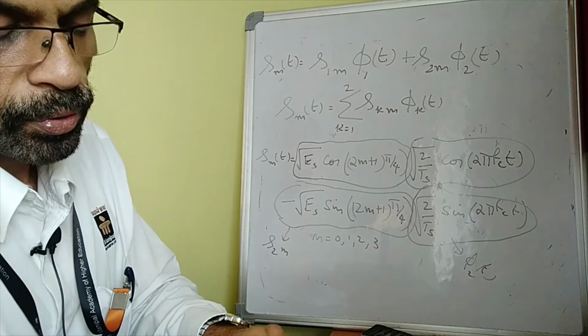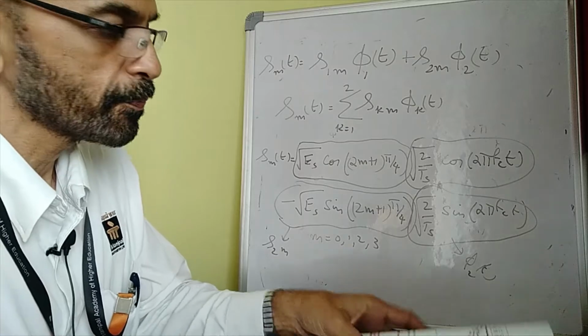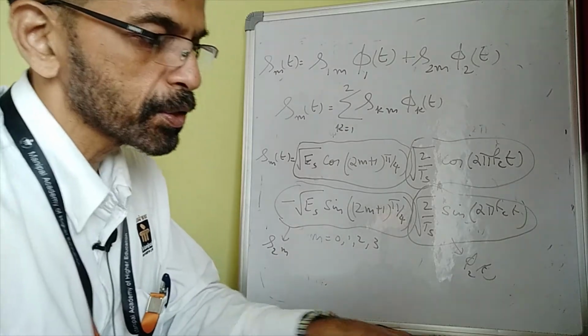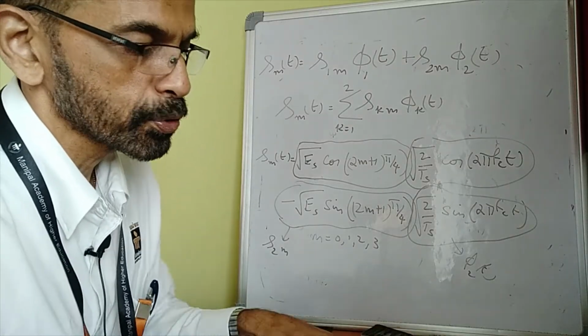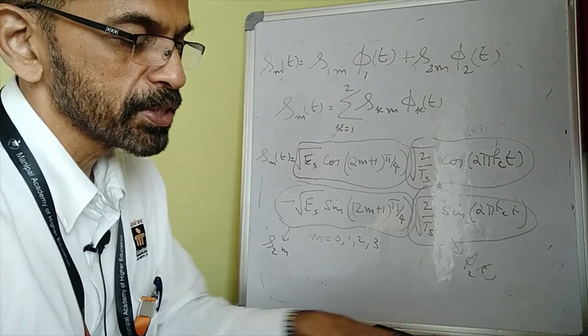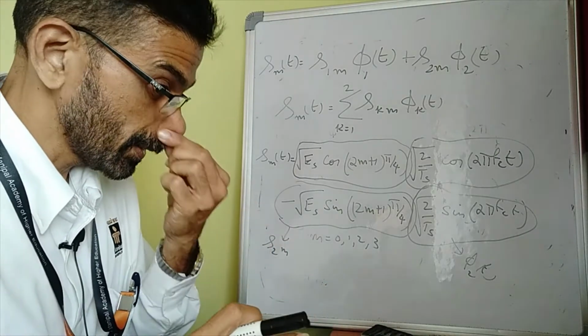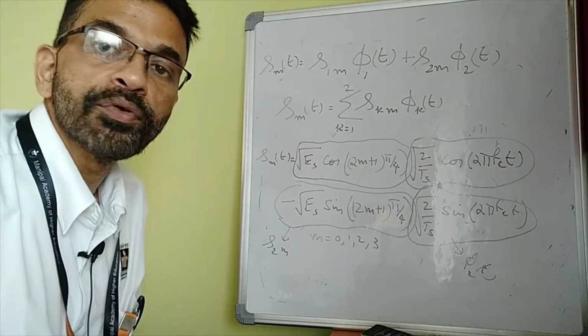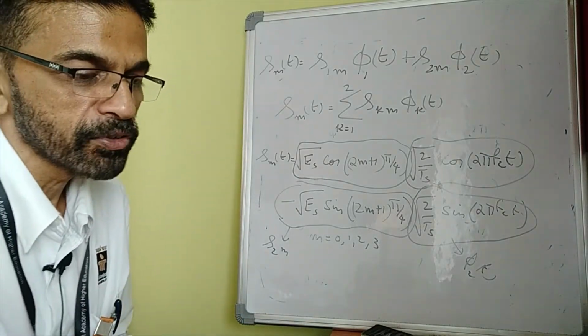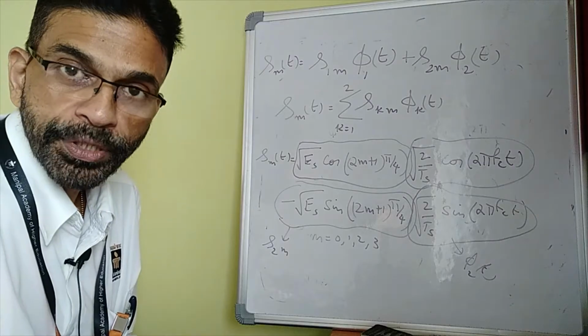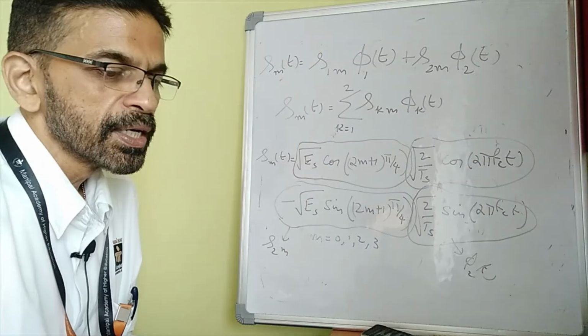Now we note that there are two orthonormal basis functions in our set. So if I go for the signal space representation, it will be a two-dimensional signal space representation.